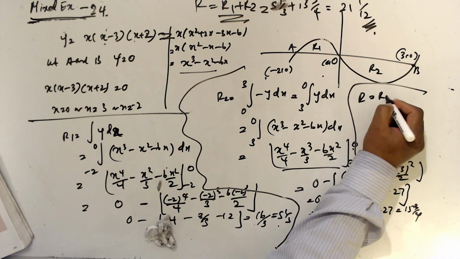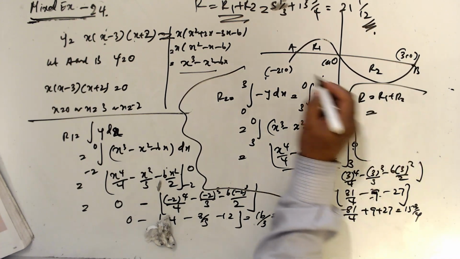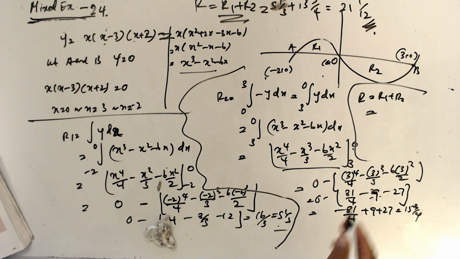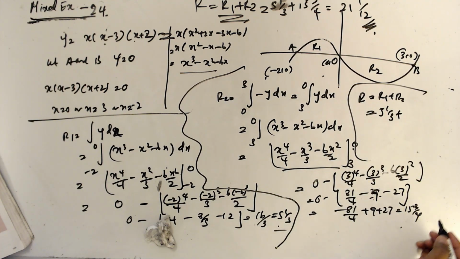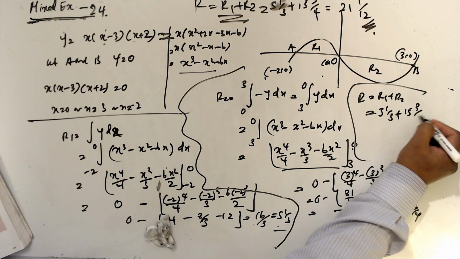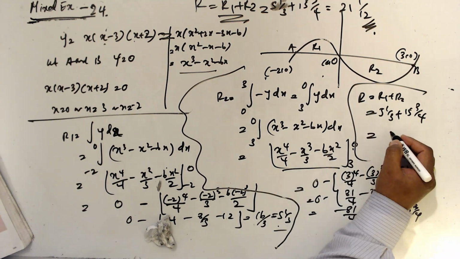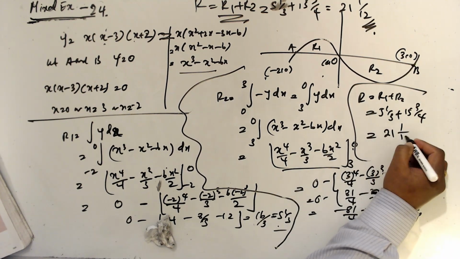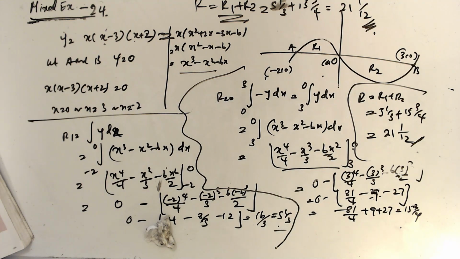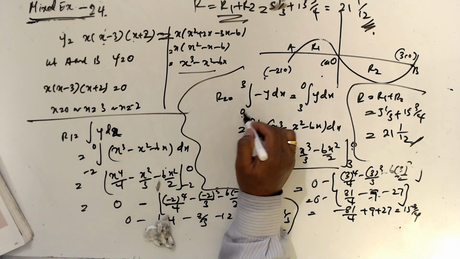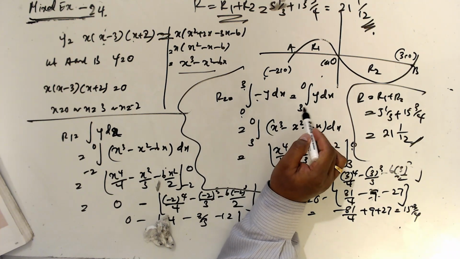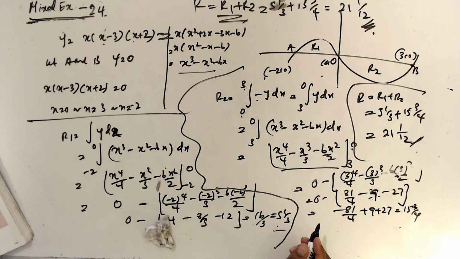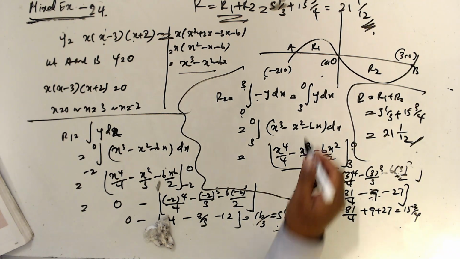R equals R1 plus R2. R1 we found out 5 1/3 and R2 we found out 15 3 over 4. Your answer should be 21 1 over 12. Here 0 to 3 minus, I get rid of minus by changing the limits, by swapping the limits.